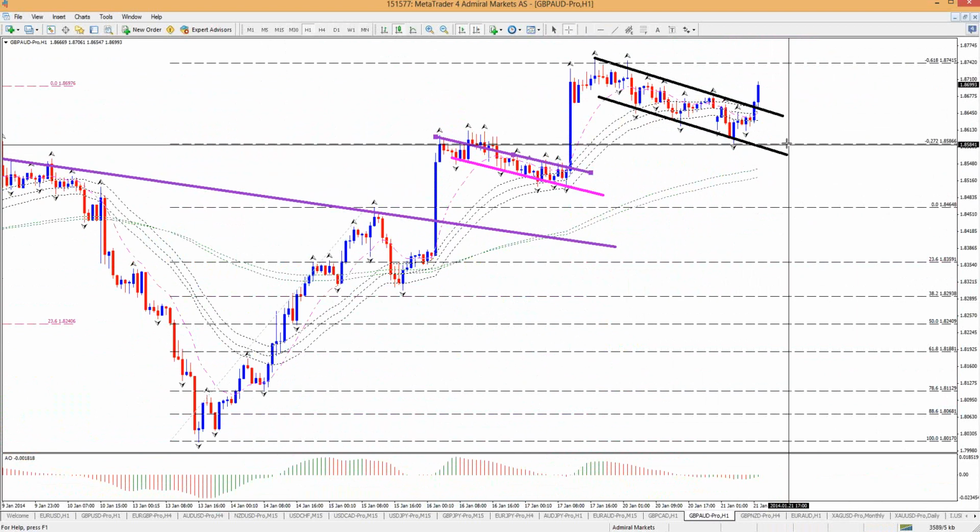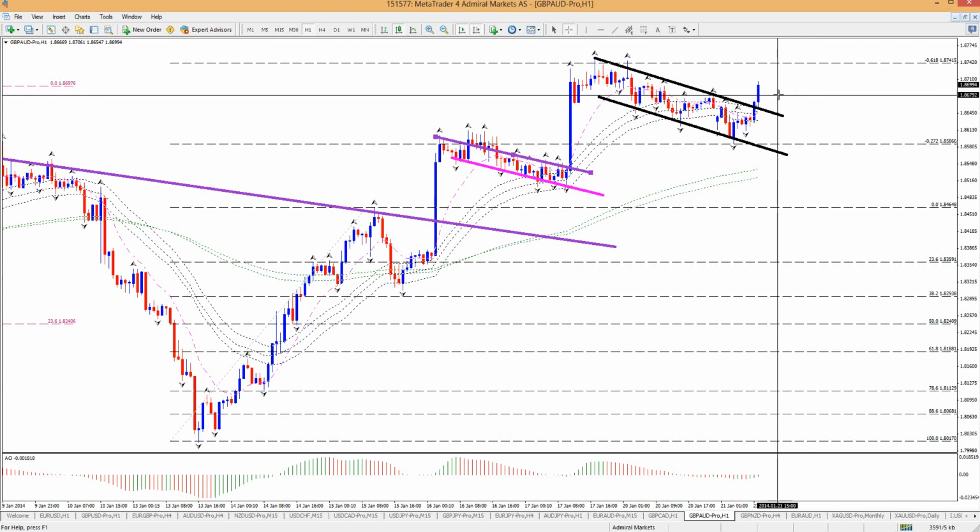If you use the bottom, it is a big stop. It's almost unavoidable with the pound odd because of the massive movements it makes.